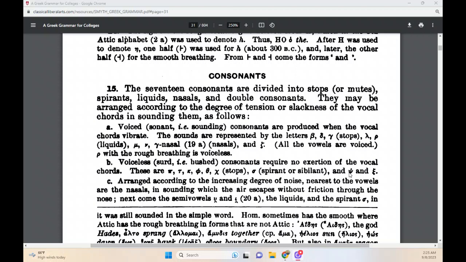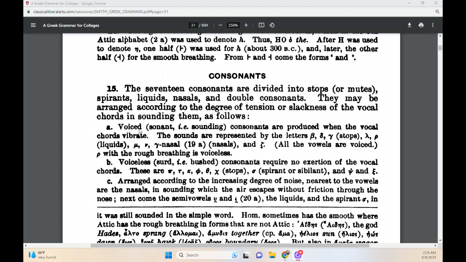Psi is a symbol that represents the pronunciation actually of two consonant sounds. And lastly, xi, which is the combination of kappa and sigma. All of these are the voiceless consonants.